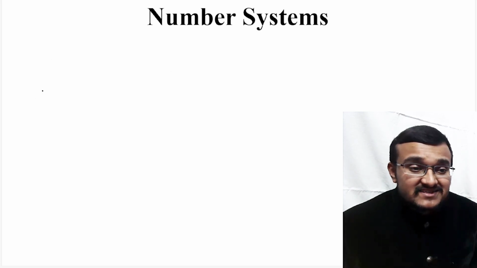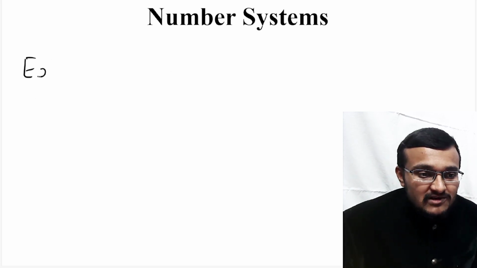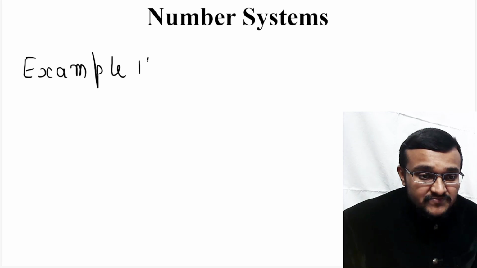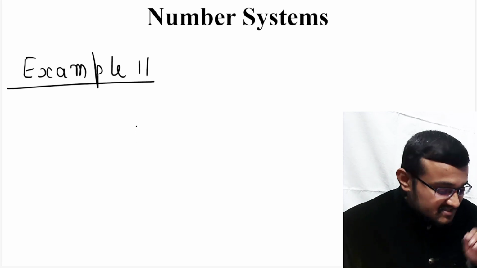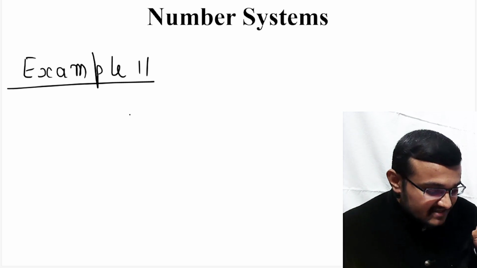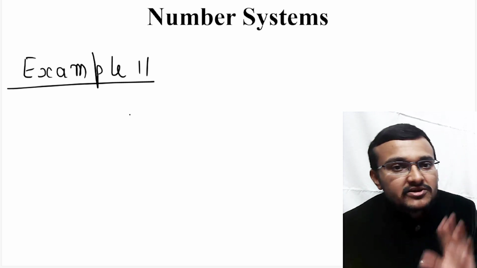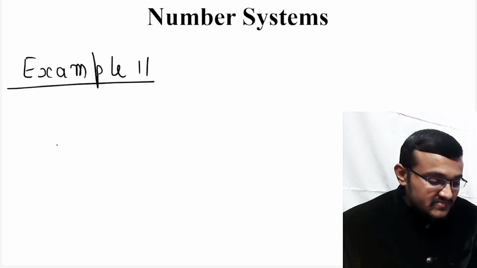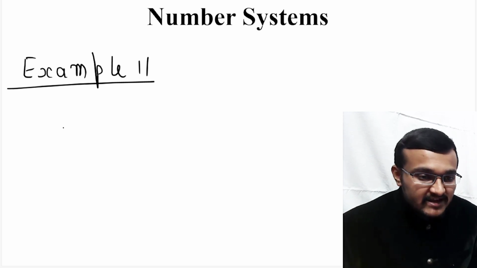So after understanding this, now we will try to solve example 11. In example 11, they have given certain numbers. You have to tell whether they are irrational numbers or not. Here the first question is 7 root 5.